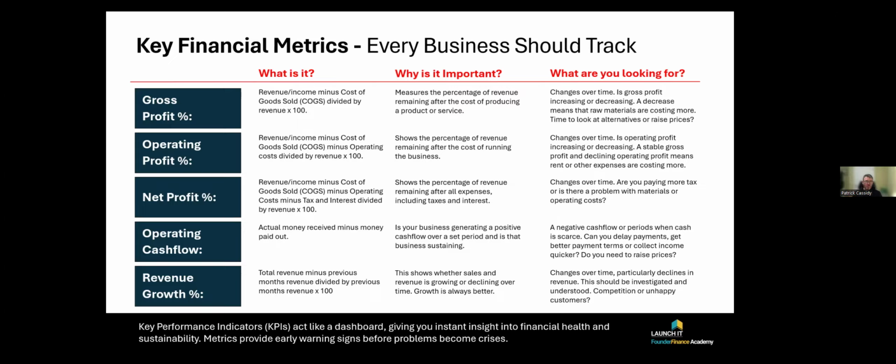And really, what you want is for your gross profit and your operating profit to be increasing over time because that means that you're getting more efficient as you're running your business. So that the percentage is increasing, and the absolute value is increasing. So you're generating more profit for you and your business.